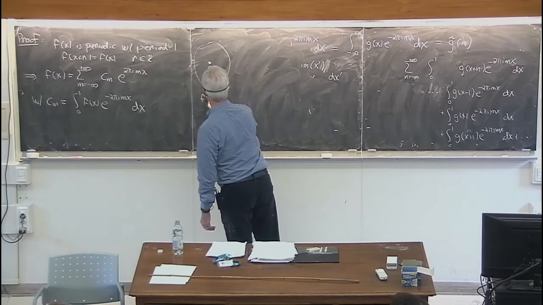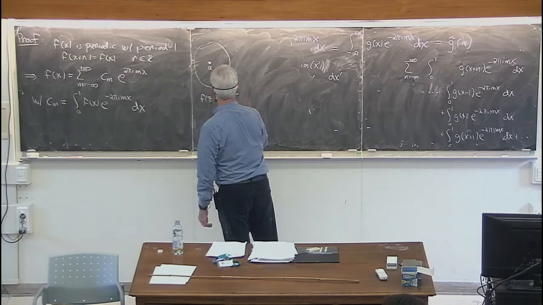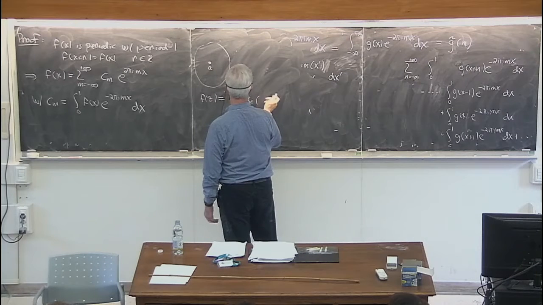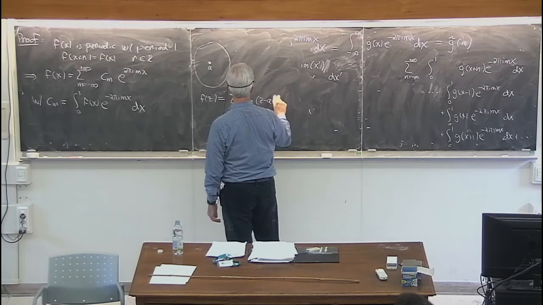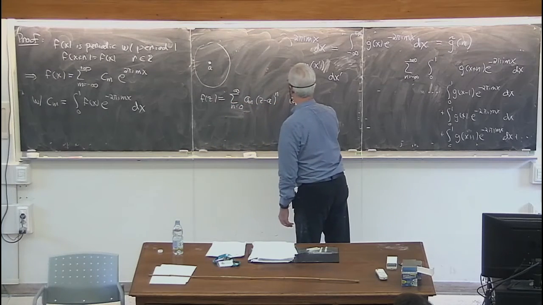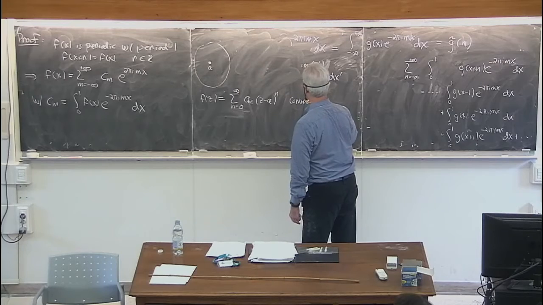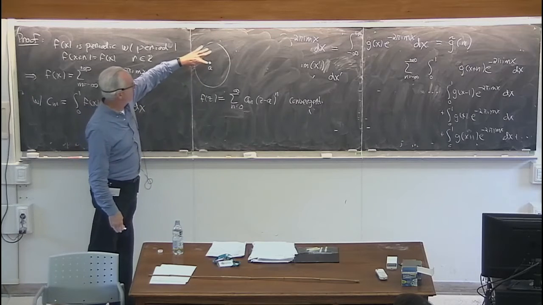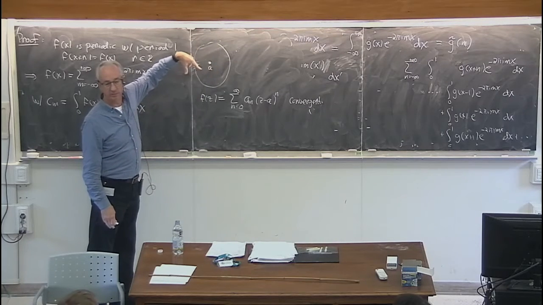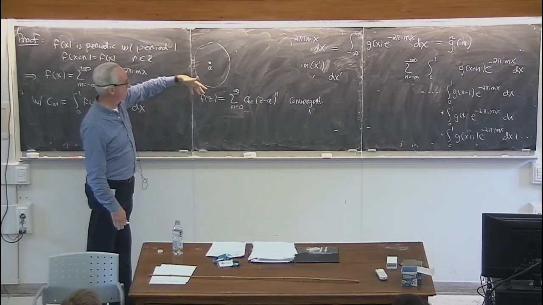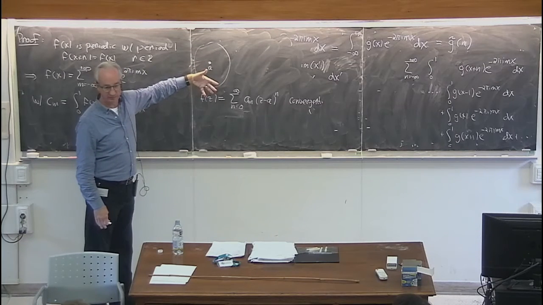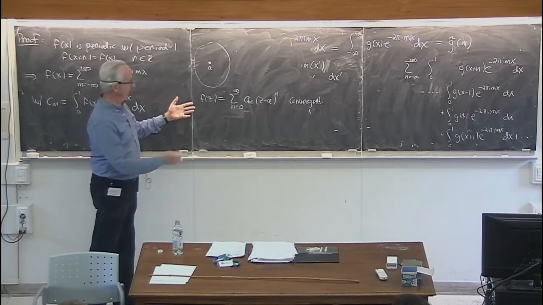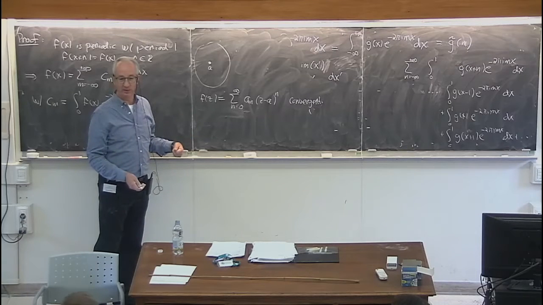So if I can write f of z as a sum n equals 0 to infinity, some coefficients times z minus a to the n, and this series is convergent, then this expansion defines the function in some finite neighborhood of this point a. And so you say a function is analytic at a if it has such a convergent power series expansion. And you would say that it's just analytic, period, if you had a convergent expansion in the whole complex plane.